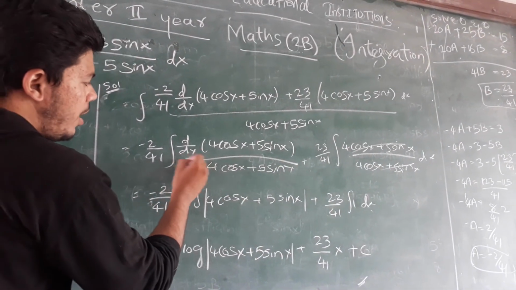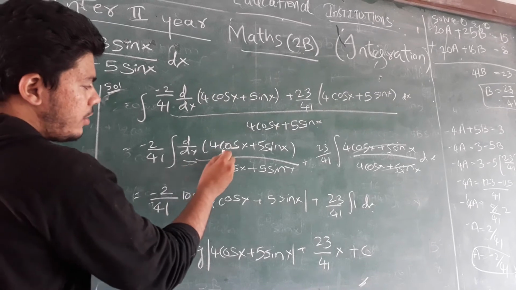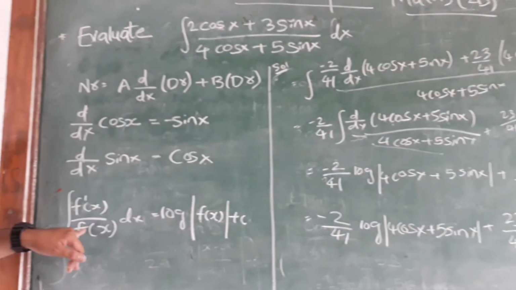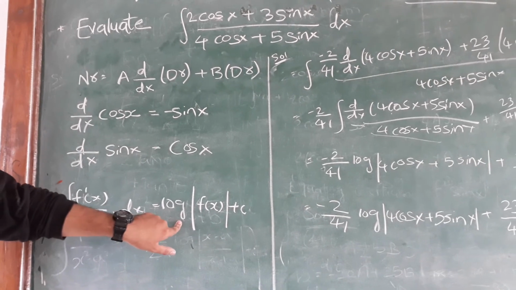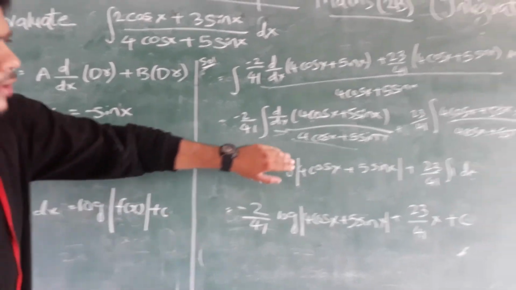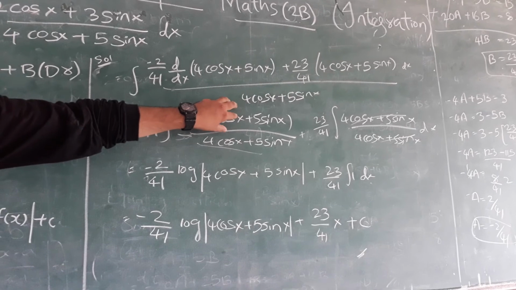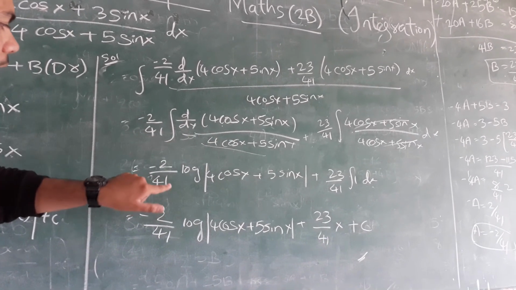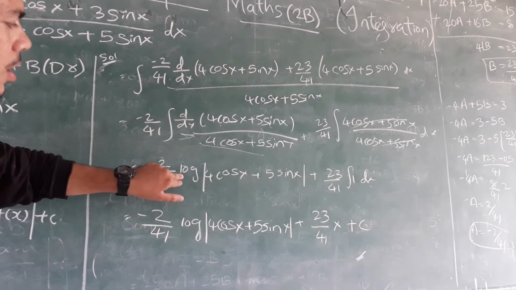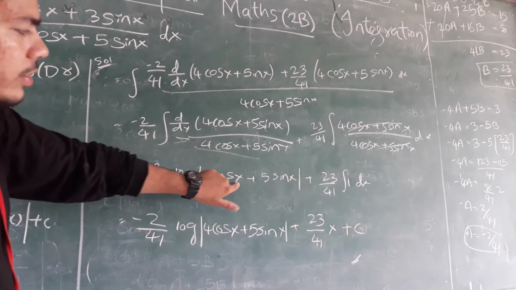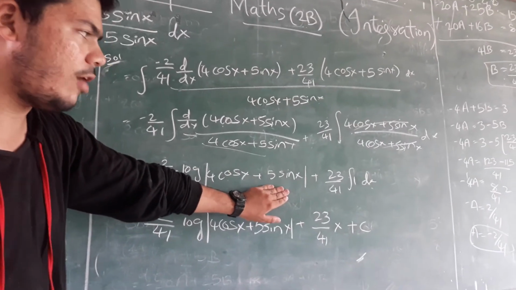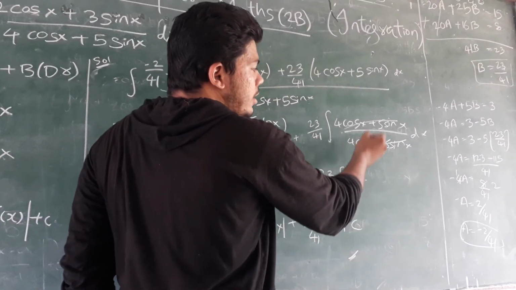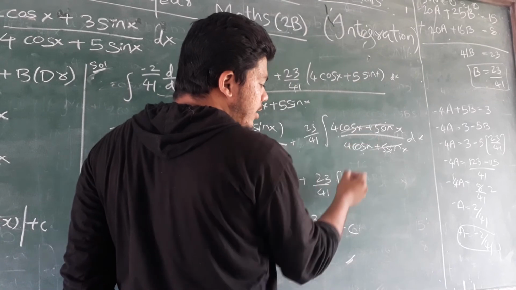So what is this formula? The integral of f dash of x by f of x dx is equal to log of f of x. Here the numerator is the derivative of the denominator, so the answer is minus 2 by 41 times log of the denominator, 4 cos x plus 5 sin x. Plus 23 by 41, where the numerator and denominator cancel and we get 1.